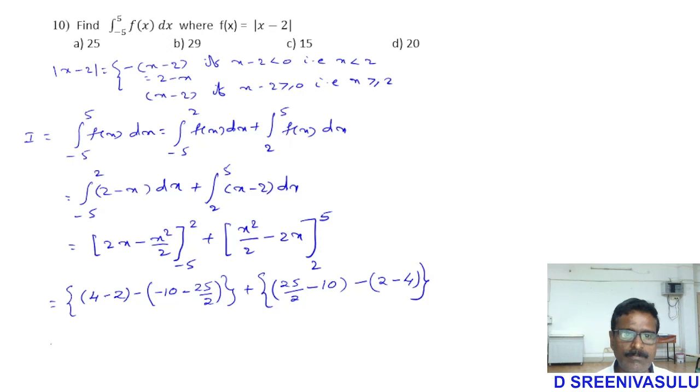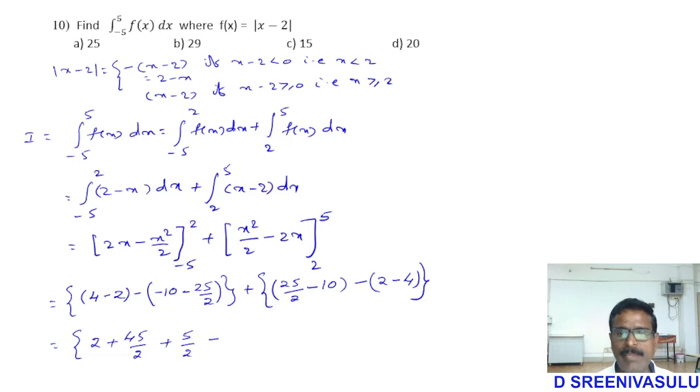This is equal to 4 minus 2 is 2, minus minus, it will be plus 10 plus 20 plus 25, that is 45 by 2, plus what is this one, 25 by 2 minus 10, that is 5 by 2.